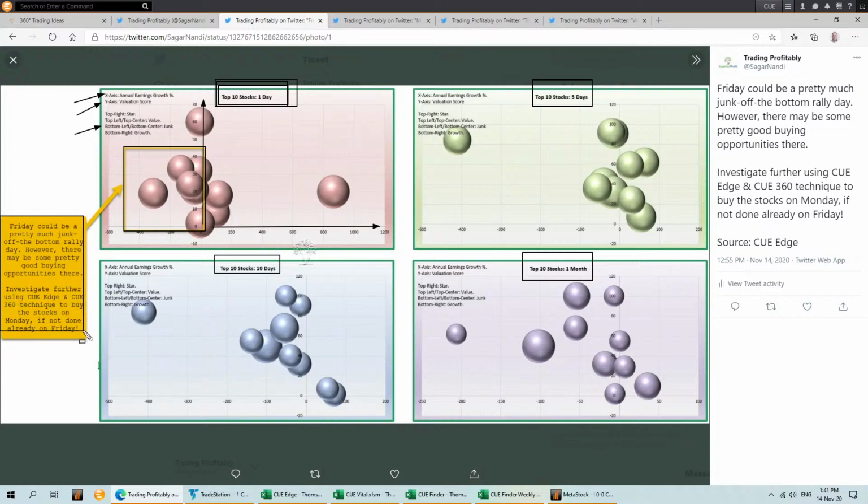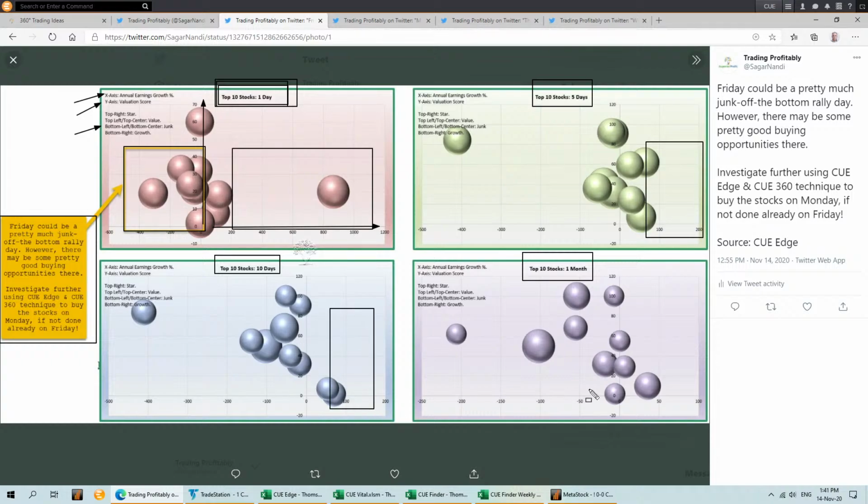However, there may be some good buying opportunities. We'll look into that. High growth stocks are not in this list. Neither are there so many over 5 days, nor over 10 days, nor over 1 month.